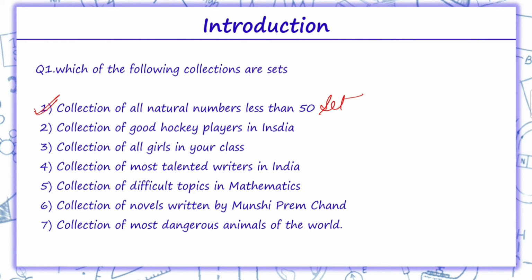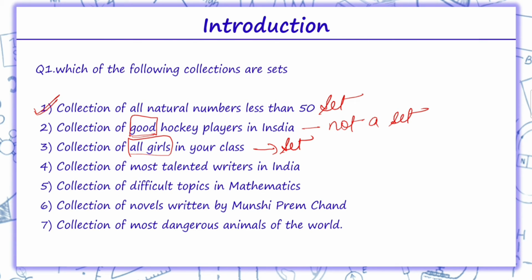Collection of good hockey players. Again, this word good is not well defined, so it is not a set. Collection of all girls. If it had said collection of all good girls, it is not a set. But yes, collection of all girls, it is a set.